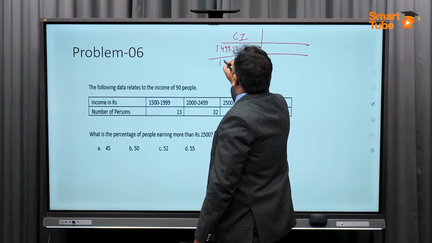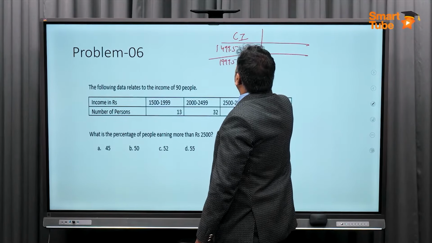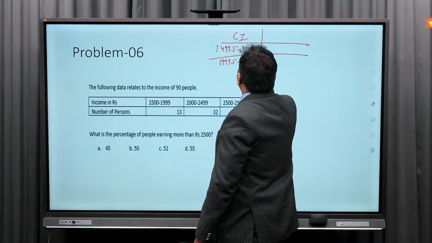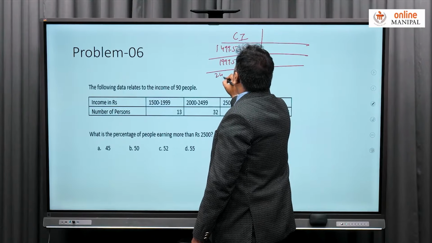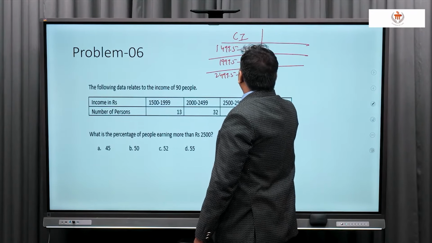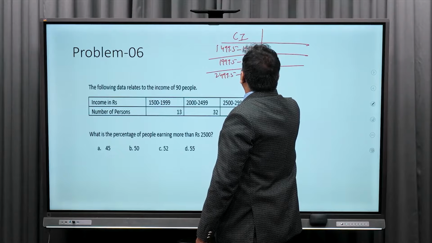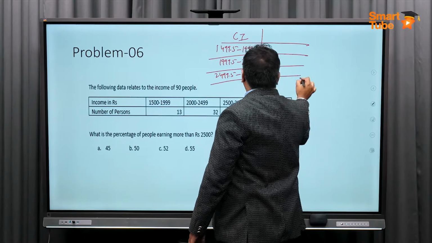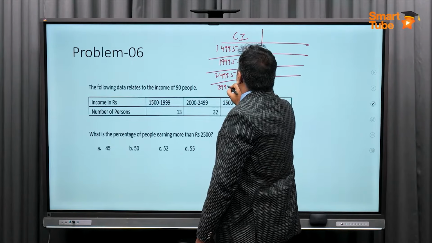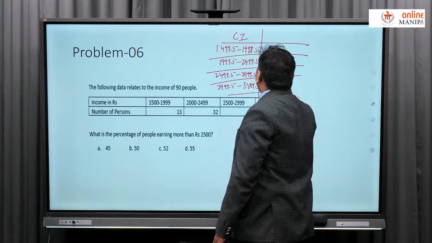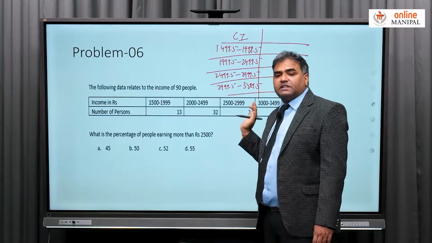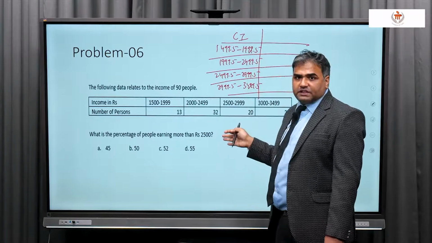Then this would be 1999.5 to 2499.5. Okay, then it would be 2499.5 to 2999.5. Then this would be 2999.5 to 3499.5. So what I did, I converted the discrete class interval into continuous class interval.